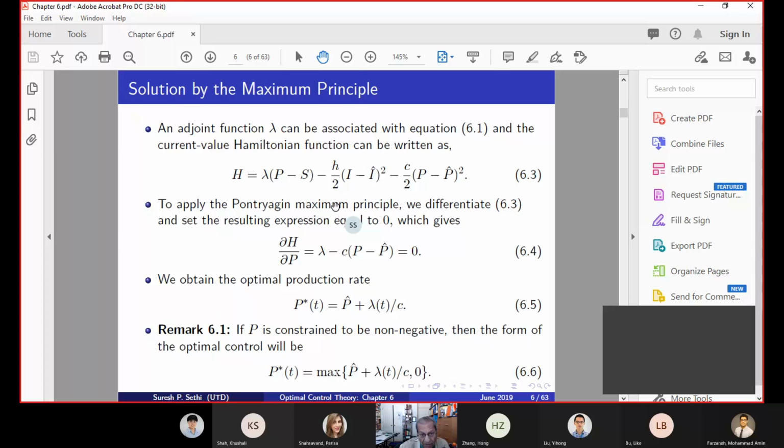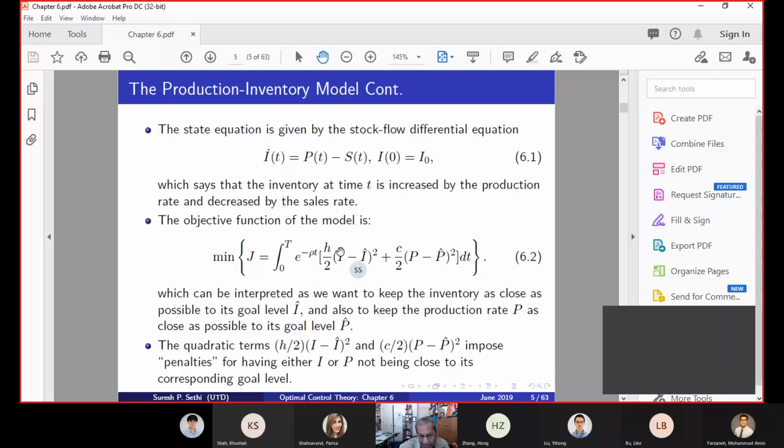What Holt, Modigliani, Muth, and Simon say is that if I produce inventory that deviates from I hat, it's going to cost me this amount. You see, this is a convex cost, quadratic, and it is 0 at I hat. Above I hat it's going to cost you, below I hat it's going to cost you, but the amount it costs you is h divided by 2.